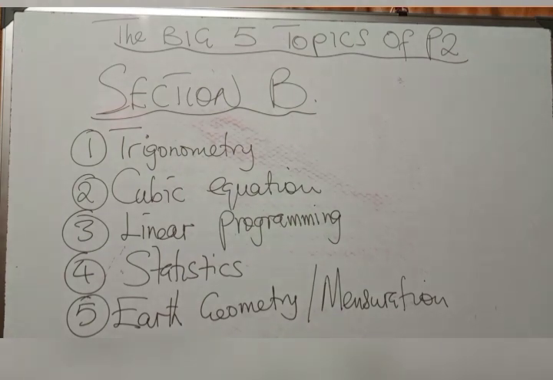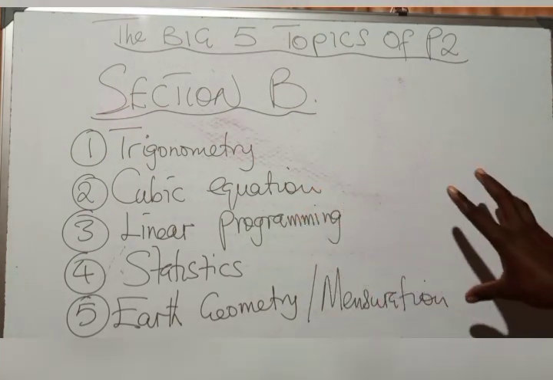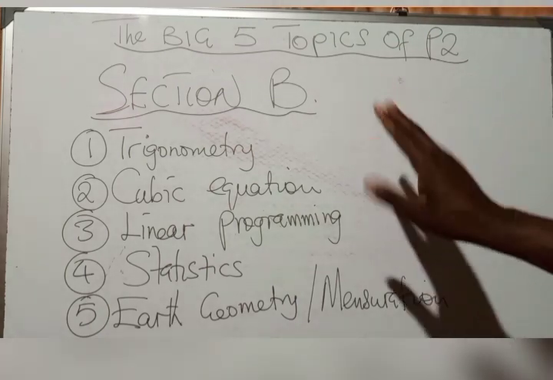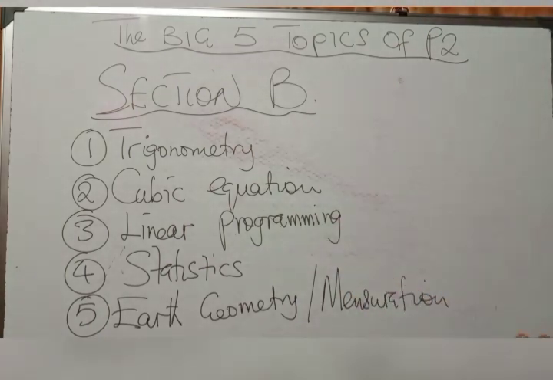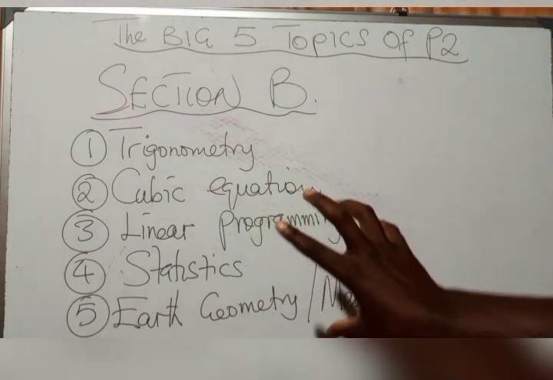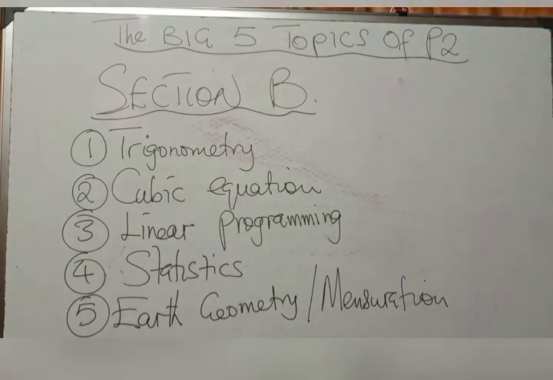Out of those questions, I have decided to pick these, and I have named them the big 5 topics of paper 2, section B. We are going to have videos based on these topics in preparation for the exams ahead of you.